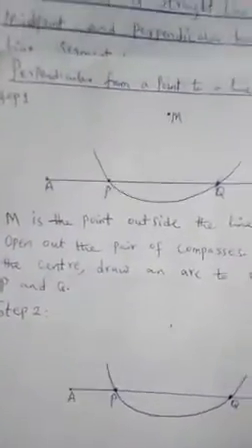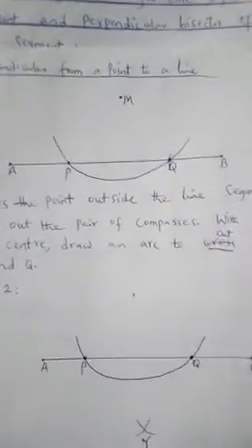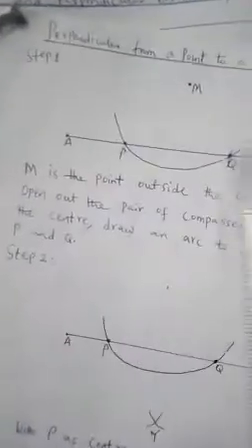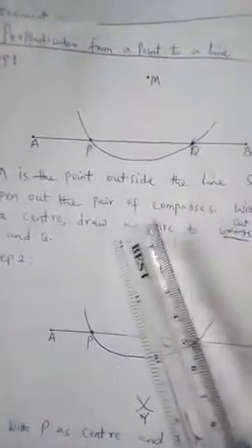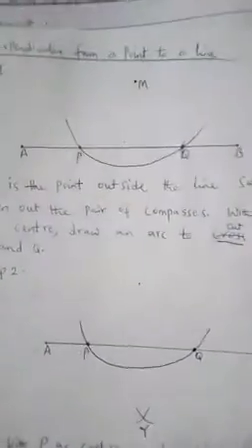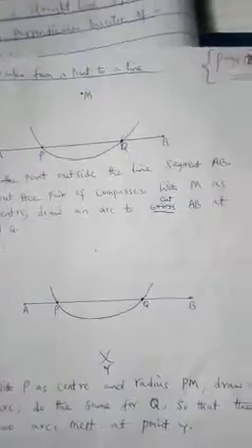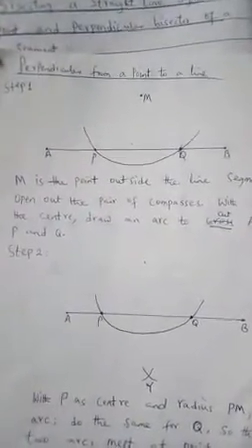Okay, let's look at perpendicular from a point to a line. So here M is the midpoint outside the line segment AB. You can see your AB. Your M is the midpoint outside the line segment. Then you open out a pair of compass with M as center.